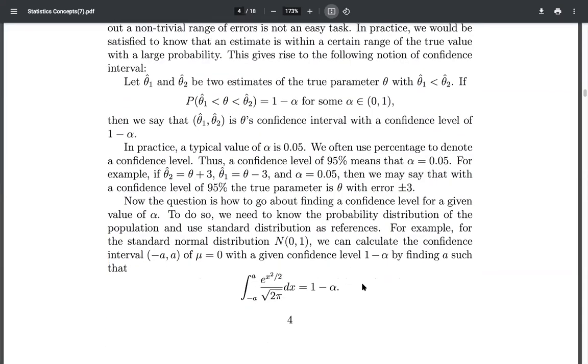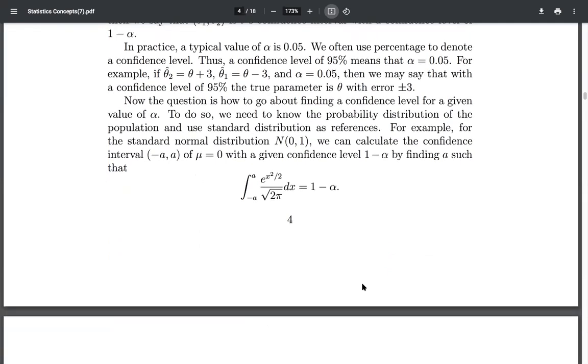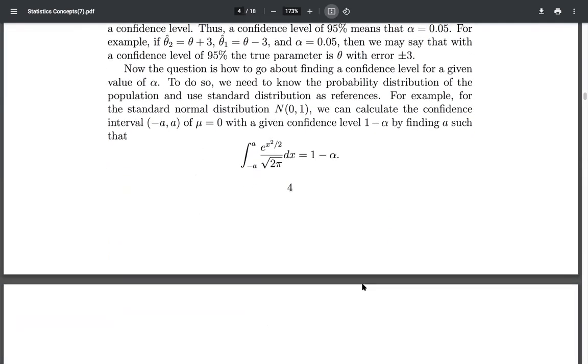Okay, so now we want to know how we can do this. In order to do this, we need to know the underlying distribution. That's why we started this topic with the assumption that the underlying distribution is known. So let's say we have the underlying distribution, which is a normal distribution.